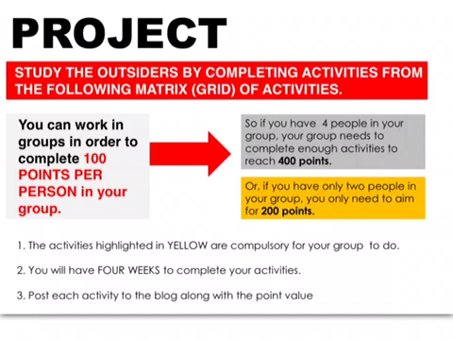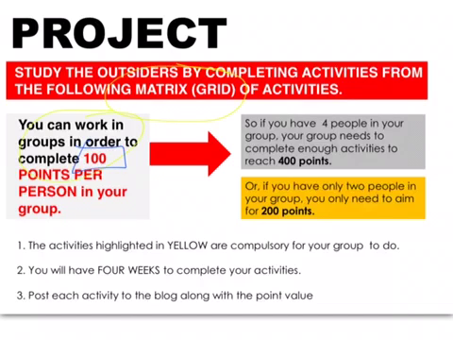To study The Outsiders, you need to go through the following matrix of activities or grid of activities. I'm sure you've done this before, where you select the activities you want to do in order to get to know the characters, etc. You can work in groups for this. Your group must complete enough activities so that by the end of it, you have 100 points per person in your group.